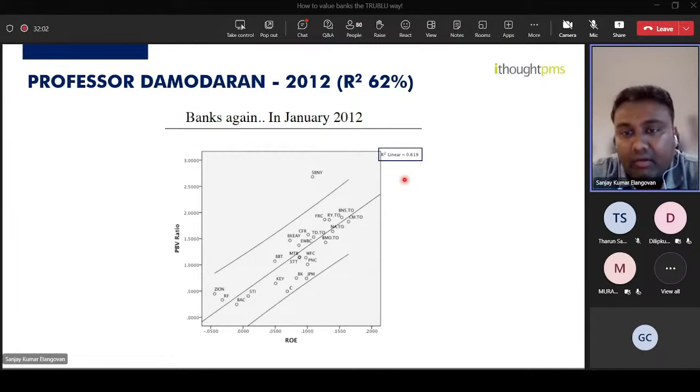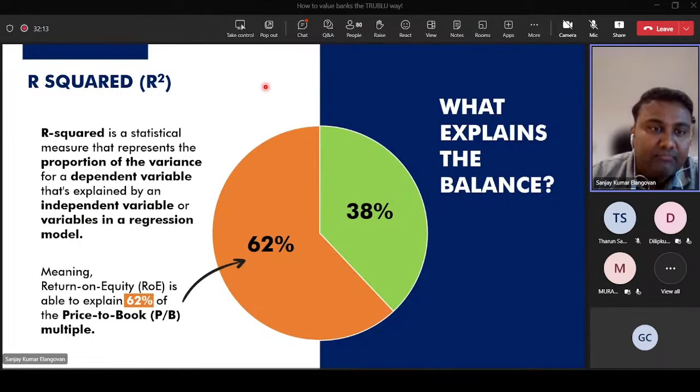The R square of this graph is 61.9%, roughly 62%. So what does R square indicate? R square is a statistical measure that represents the proportion of the variance for a dependent variable. The dependent variable here is the price to book multiple. So how much of the dependent variable is explained by an independent variable?